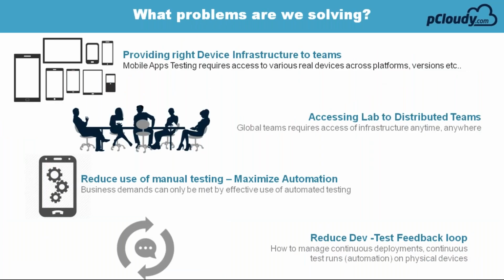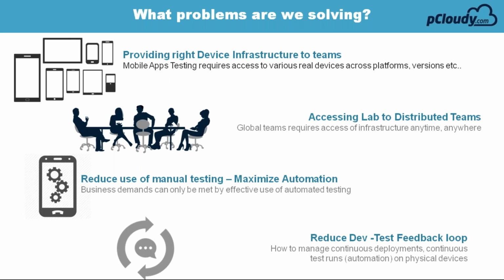Quickly, we will see what pain points we are trying to address using pCloudy. There are many, but the key pain point, first and foremost, is device infrastructure. In today's mobility testing, devices play a big role. We have the biggest landscape of Android, and the iOS device landscape is also growing day by day.